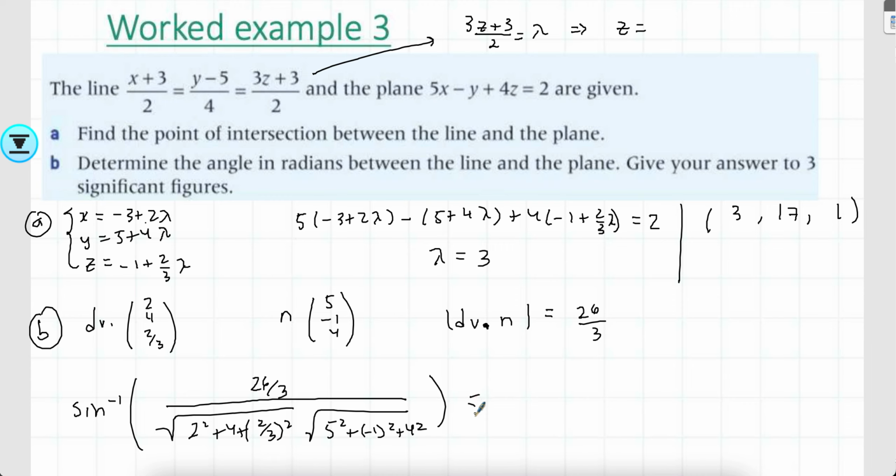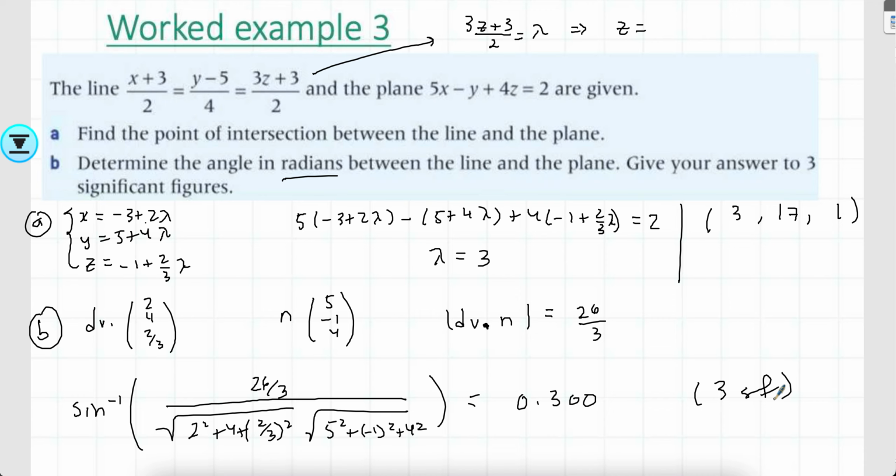And I need to make sure that I'm taking sine inverse. Now, if you take cos inverse, just make sure that you do the 90 minus the answer, or because we're in radians, you'll have to do pi over 2 minus the answer. But in this case, we will get the same answer, which is 0.300, to 3 significant figures.